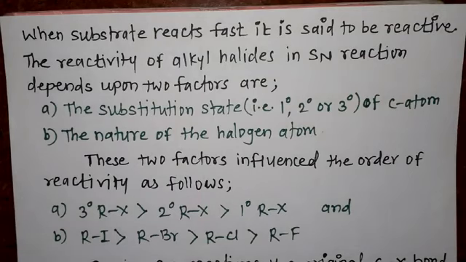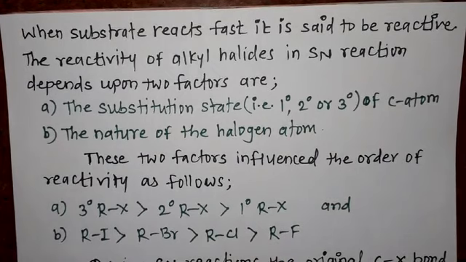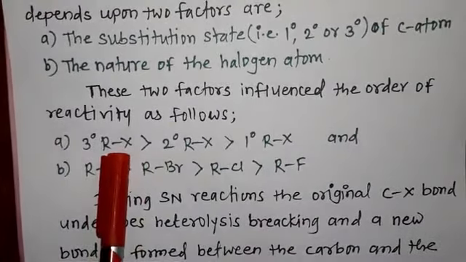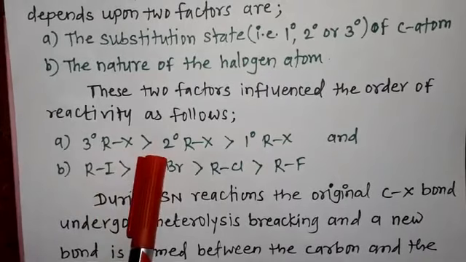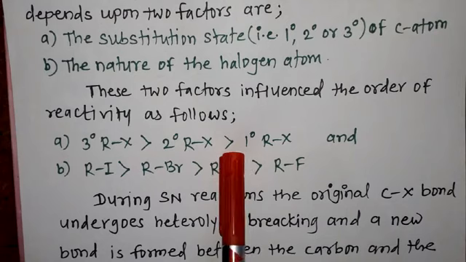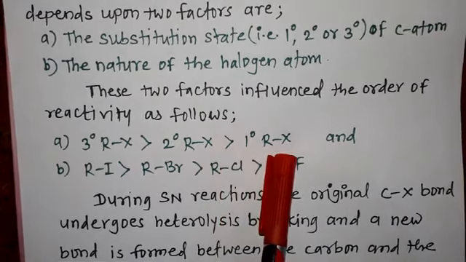And according to these two factors, we should write the reactivity order as follows. For the first, the substitution state, tertiary alkyl halides are more reactive than secondary alkyl halides. Secondary alkyl halides are more reactive than primary alkyl halides.